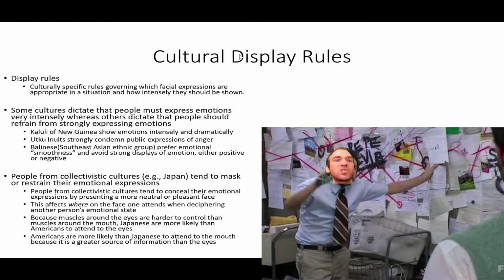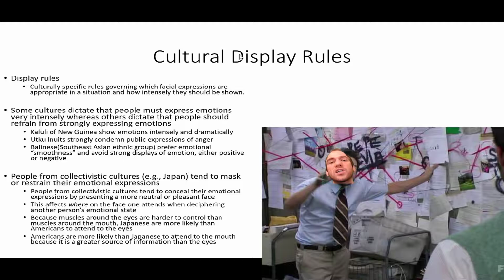And conversely, how much restraint should an individual use when expressing emotions, with varying cultures having different display rules, where some display rules call for a more intense expression, and some call for more restraint in public expressions, and intense public expressions of anger, for example, not being a cultural norm and looked down upon within particular cultures.